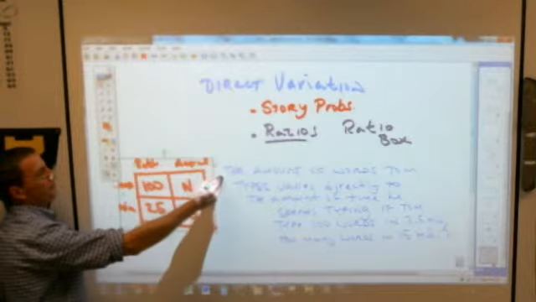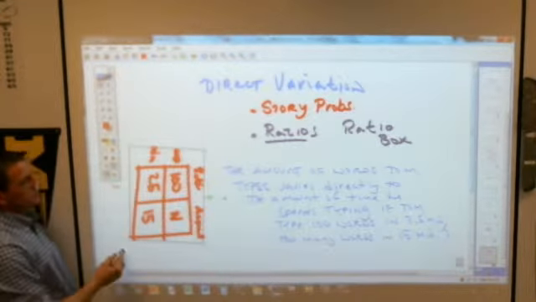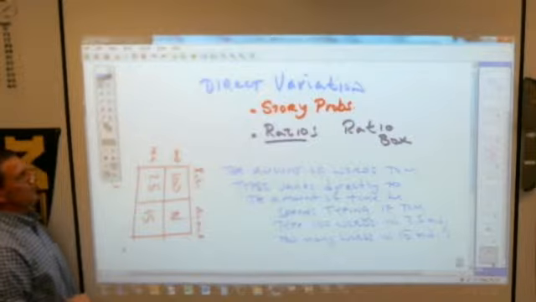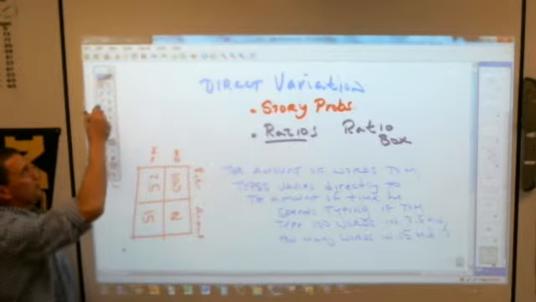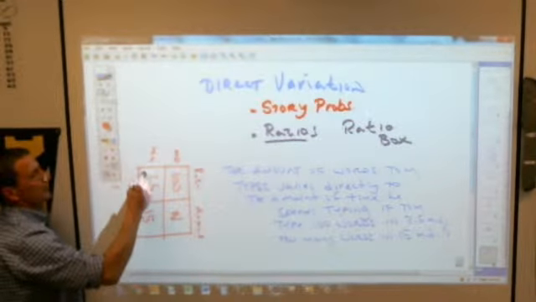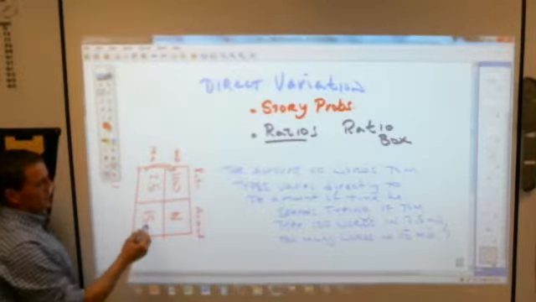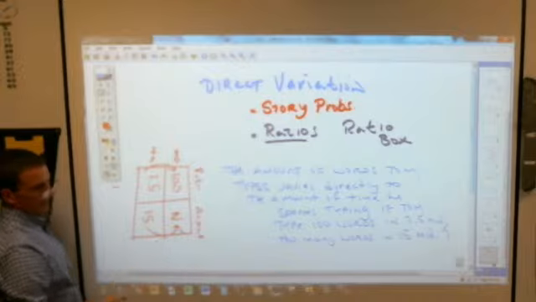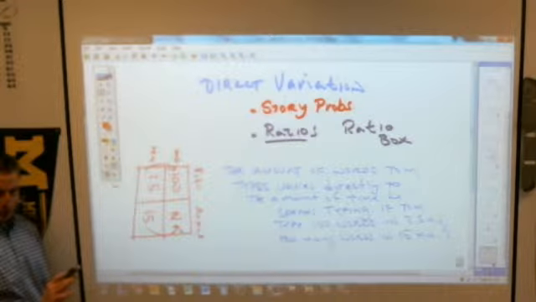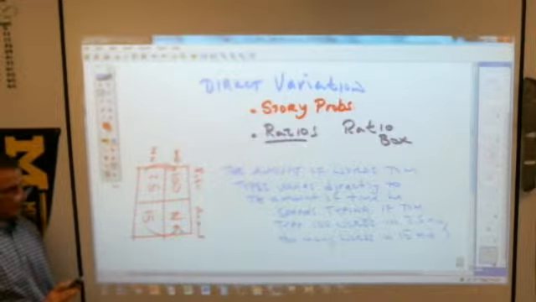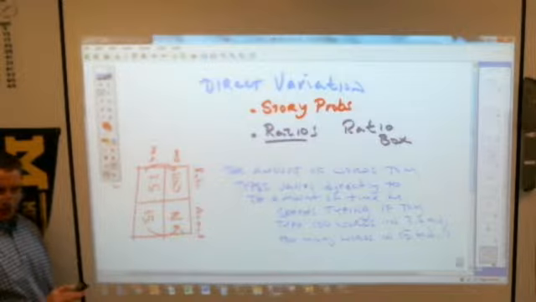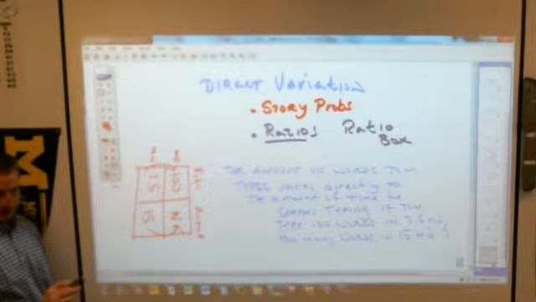This way. And I wrote those numbers right. The constant of variation would simply just be, what would I multiply this by to get that? Because that would be the same thing I would multiply this by to get that. I don't know how many of you have mathematical capabilities to figure out. 2.5 times what would give you 100?